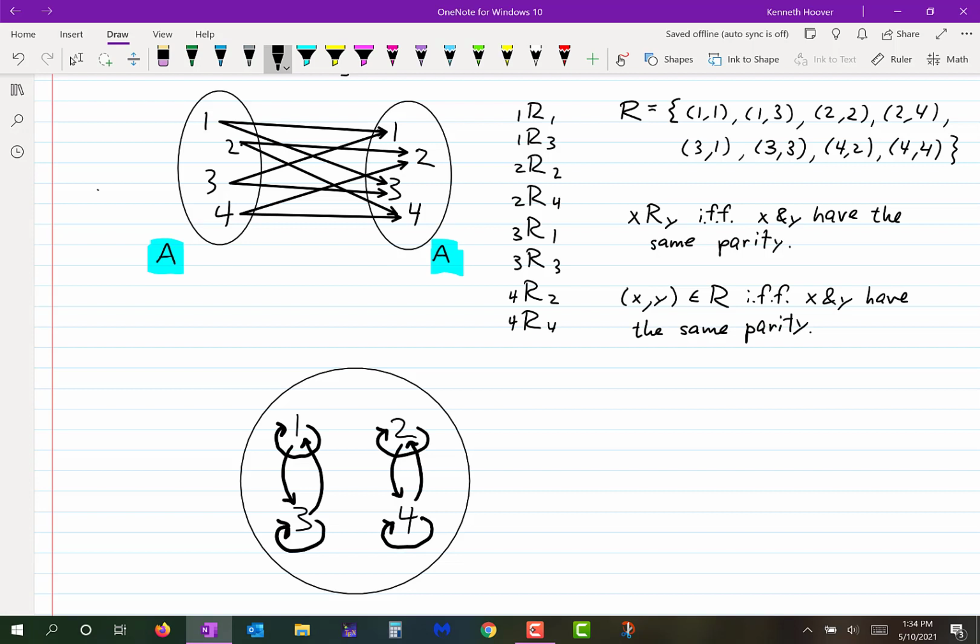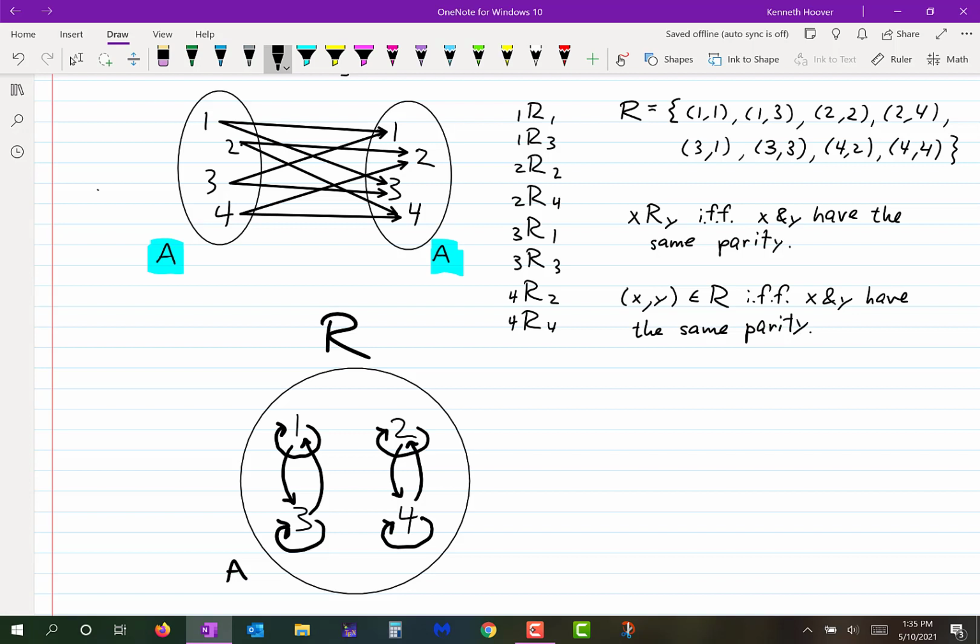I could have drawn the diagram that way. It's just a matter of how you'd like to draw it. Okay, so those are relations.